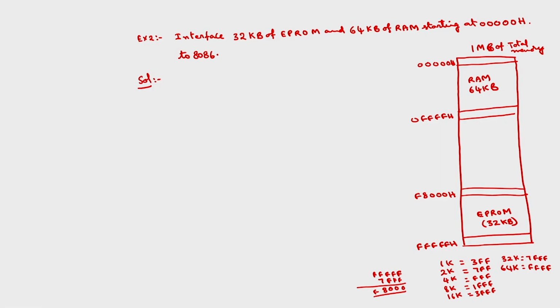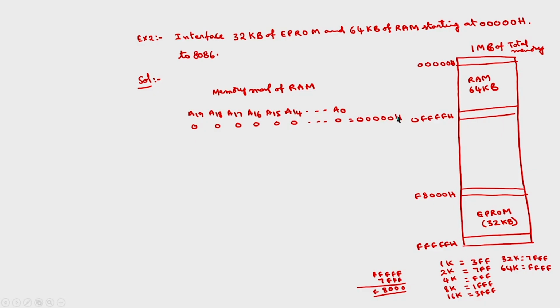Now in order to connect this, again we have to draw the memory map. So what is the memory map of the RAM? Starting address is A19, A18, A17, A16, A15, A14, and so on up to A0. So the starting address, all zeros, is 00000H.